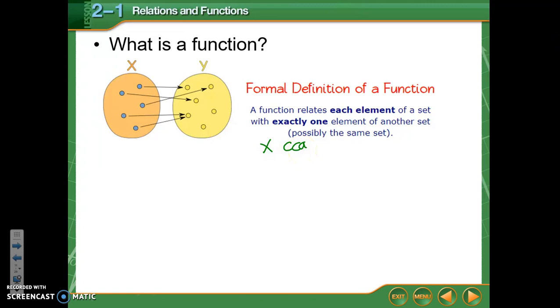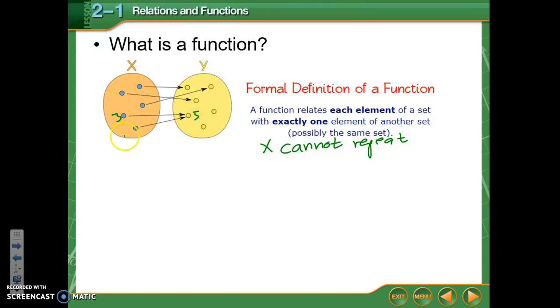X is not allowed to repeat. So if this x is 3 and this y value is 5, I have to know that if I plug in 3, I'm going to get 5 for sure. I can't get two different range values for the same x value.